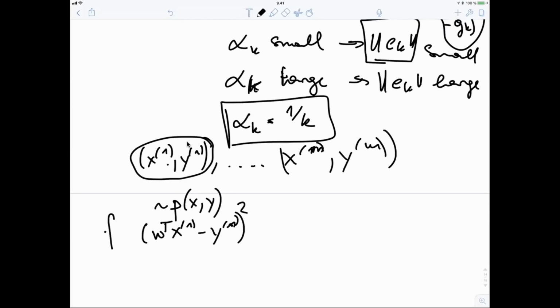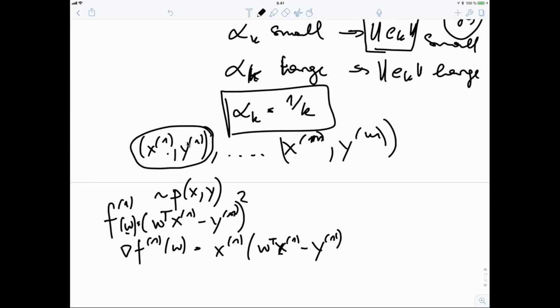So this would be a component of a squared error. And we can also compute the gradient of this first component. So the gradient of this first component would be x1 times (w transposed x1 minus y1).